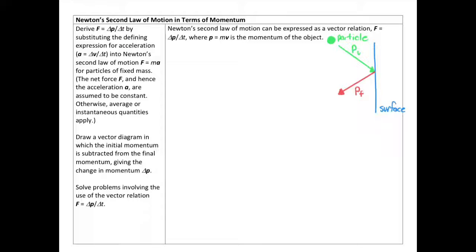So we're going to show that we can now think of Newton's second law not only as mass times acceleration, but also as momentum divided by time. And we actually need to be able to derive this relationship. So this is going to be what I call a need to know derivation.